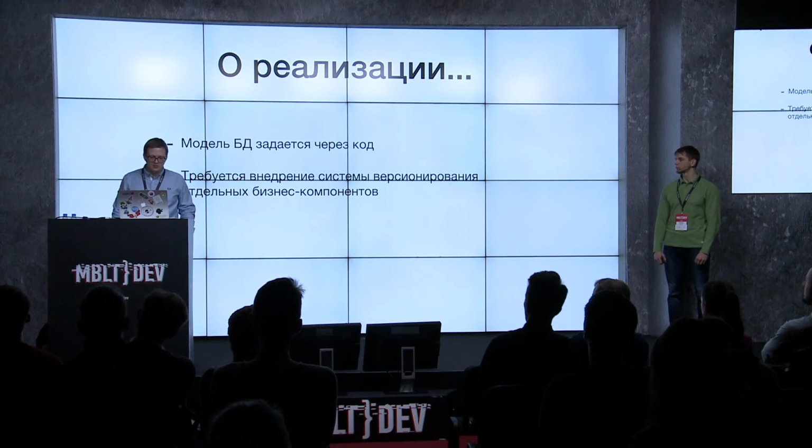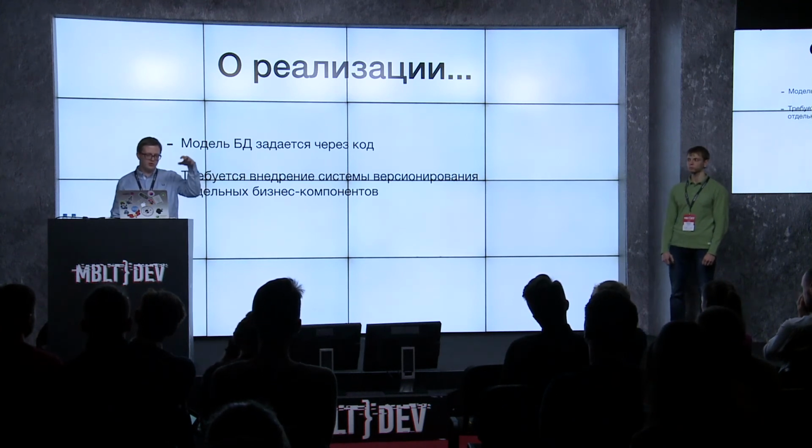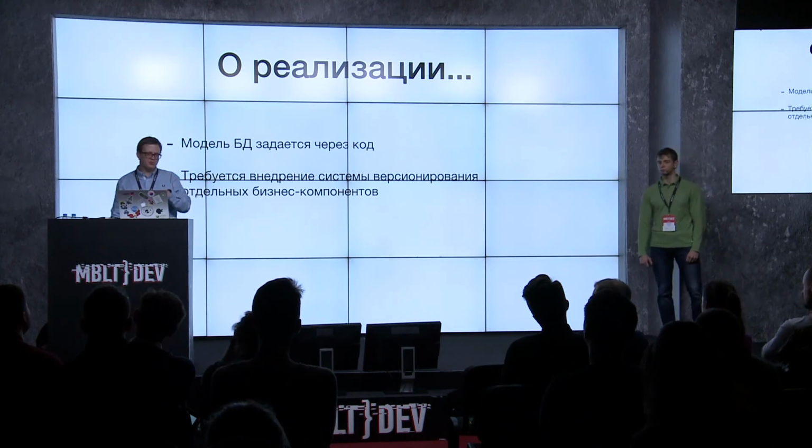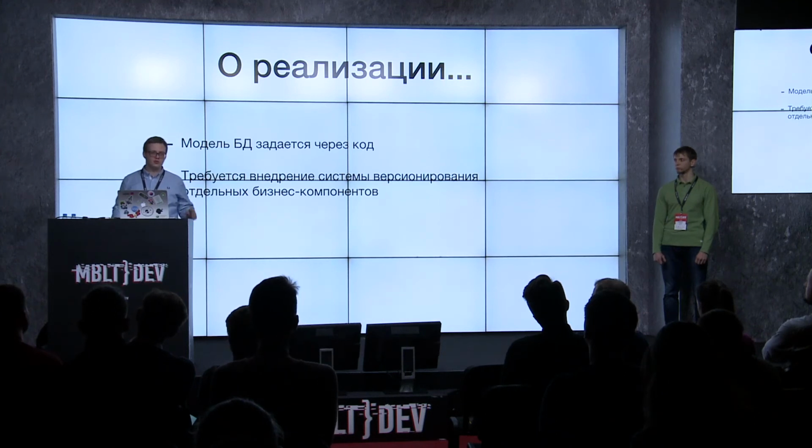And the outcome is the requirement to implement versioning of different business components. For example, if we have a model from a higher level and then we lose one of the entities, most probably one model below, like say fan multiverse, will throw an exception.